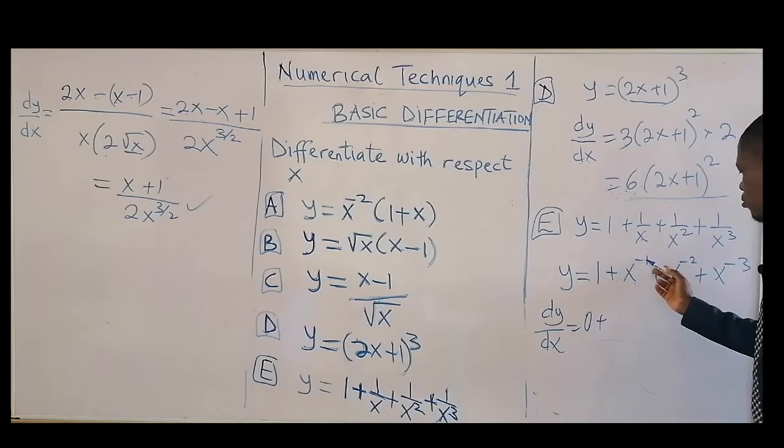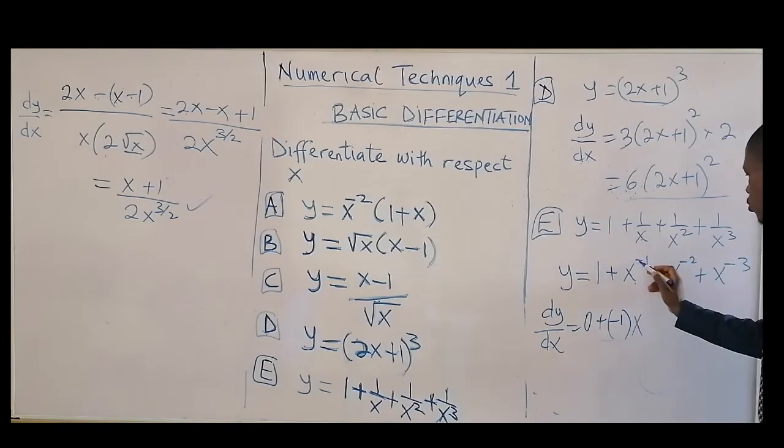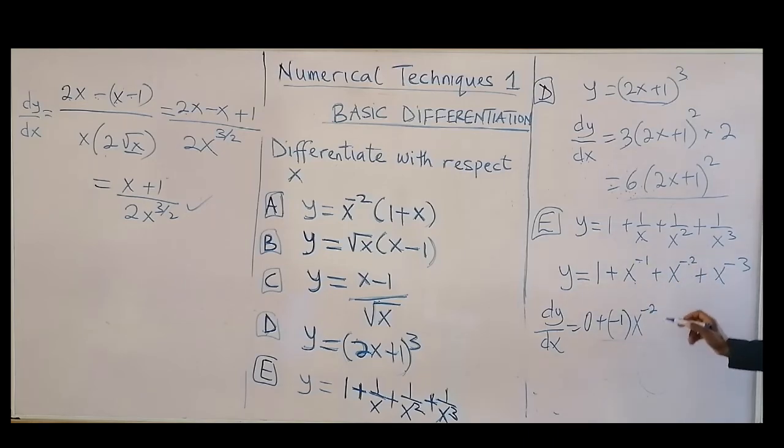Derivative of the next one, the minus 1 comes to the front, then x to the power minus 2. Here also the minus 2 comes to the front, and x to the power minus 3. Here also minus 3 comes to the front, x to the power minus 4. That finishes it.